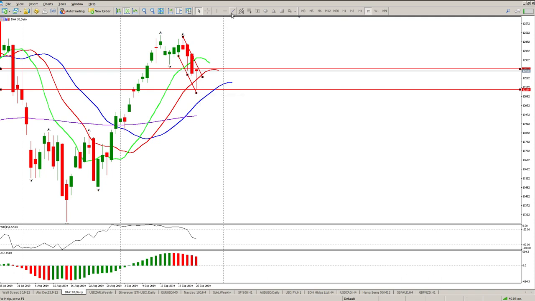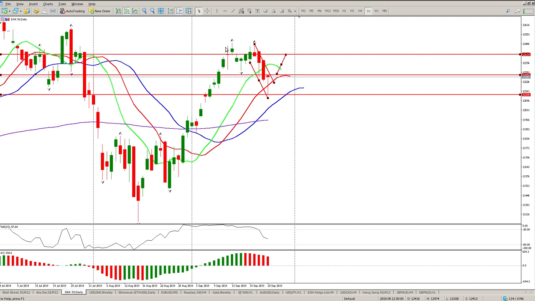And you should travel at least the height of the pin bar. So you should have a target of 12,414. I'd actually make it 12,400 just to be safe.